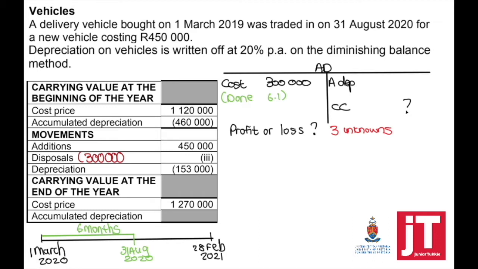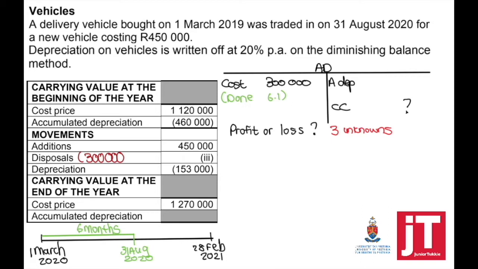To solve this, remember in the previous activity I said to you, if they don't provide you with the accumulated depreciation on the asset which you disposed of in the beginning, and they provided you with the day that you've purchased it, that means I will need to update my depreciation from the day that we've purchased it until the day that we have sold it.